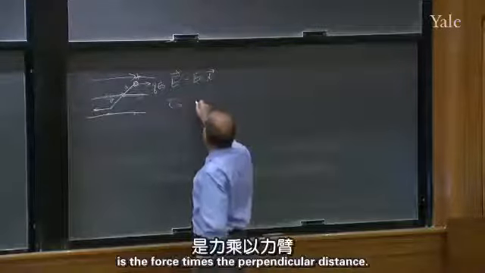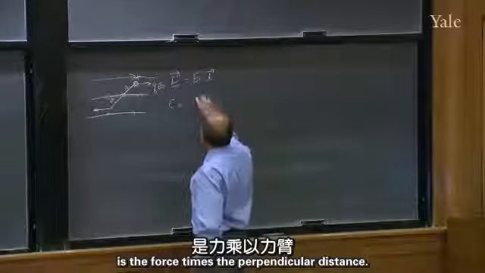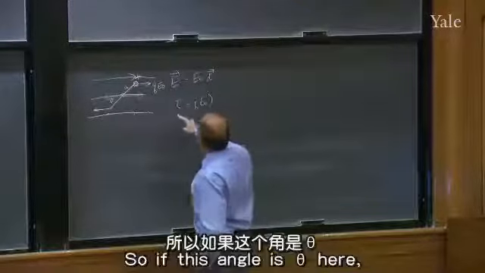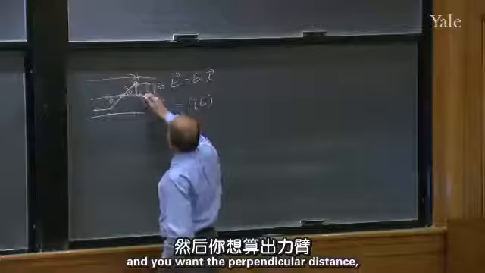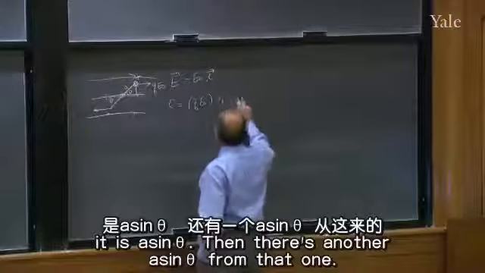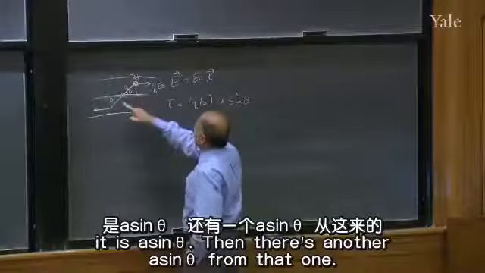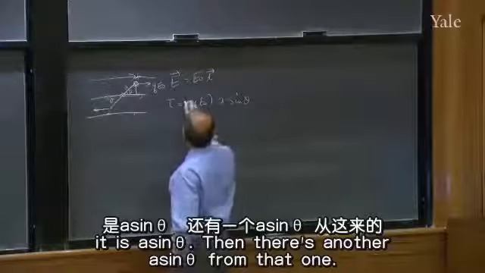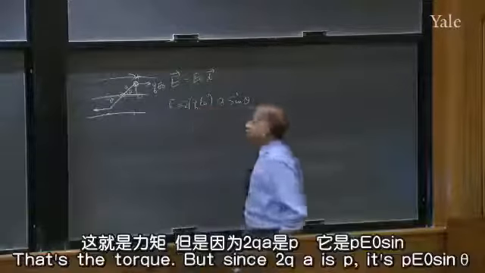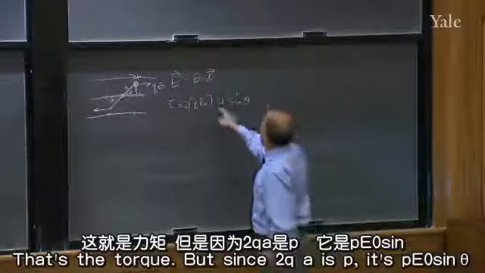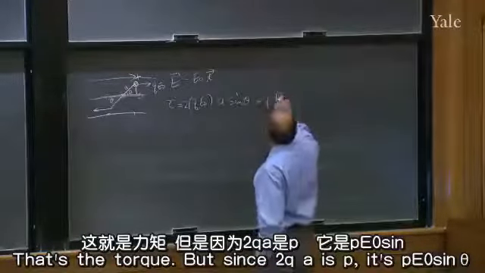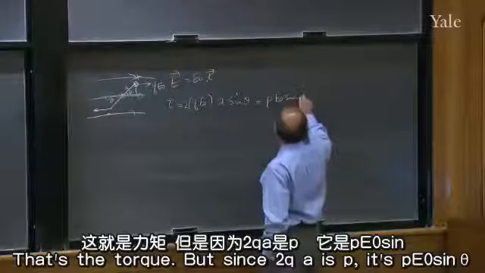Magnitude of the torque is the force times the perpendicular distance. So if this angle is theta here, and you want the perpendicular distance, it is A sine theta. Then there's another A sine theta from that one. That's the torque. Since 2QA is P, it's P E0 sine theta.